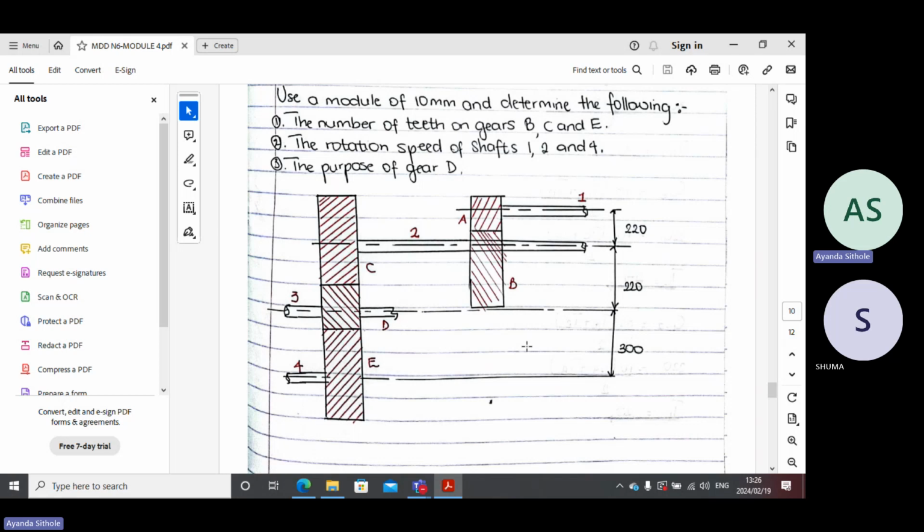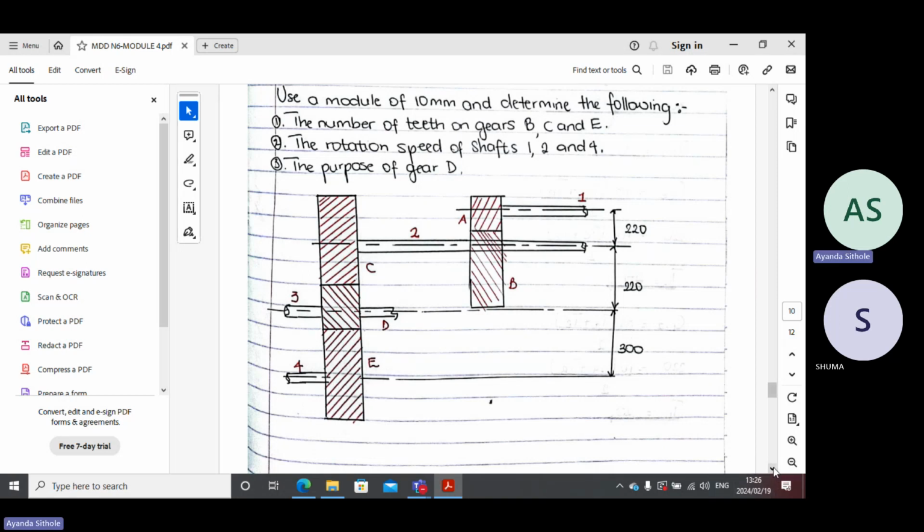So to find E, since D is given, you will use the center distance for shafts 3 and 4. That means to determine gear E, you will have to use gear D and gear E.